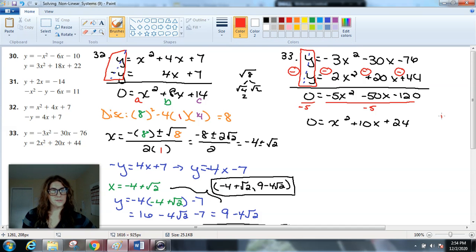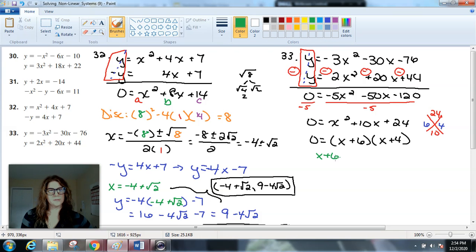And I can actually factor this. Factors of 24 that add to a 10 are 6 and 4. Now that I divide out that -5, I can use the shortcut because x squared is 1. So I have x plus 6, x plus 4, set each one equal to 0. So these are much nicer looking values. I get x equals -6 and x equals -4.